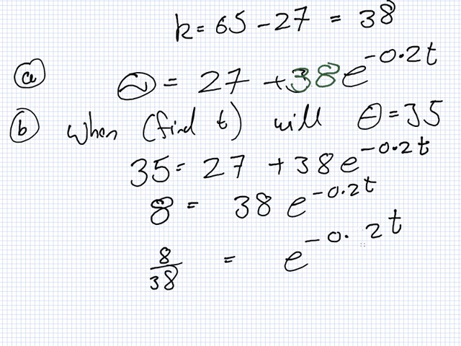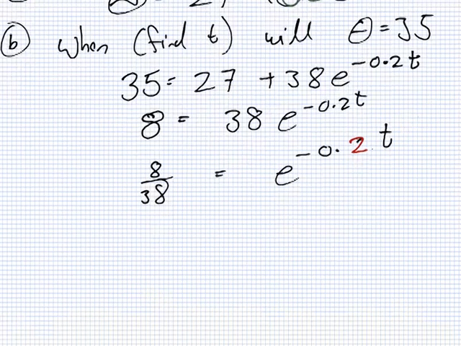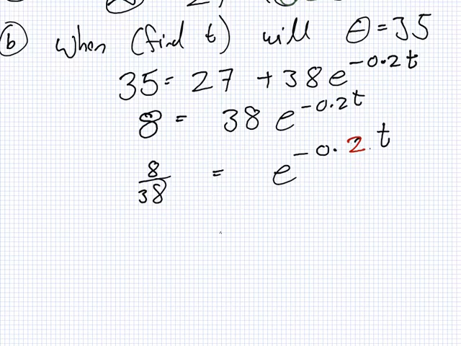Thank you, minus 0.2t. Okay, next we'll have to put a log on both sides to cancel the e. So I'll put a log here and I'll put a log here, and that cancels that.